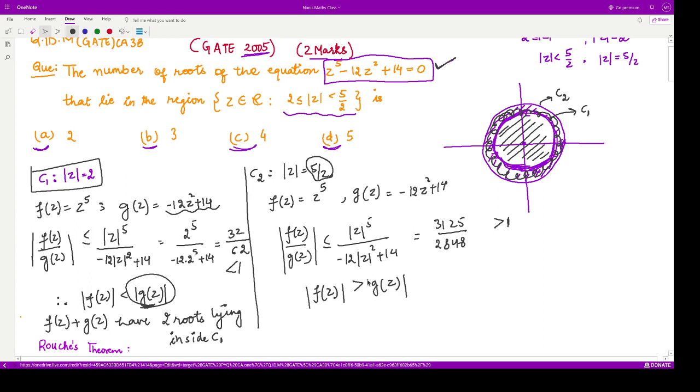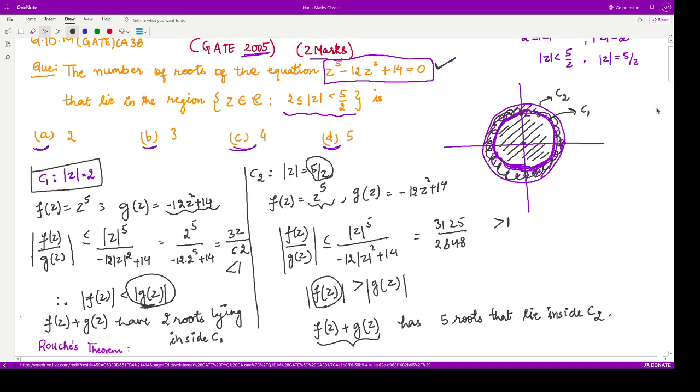Again, by Rouche's theorem, the expression f of z plus g of z would have the same number of zeros as z to the power 5. And what is the order of this polynomial? 5. So that means this particular polynomial also has 5 roots that lie inside C2.